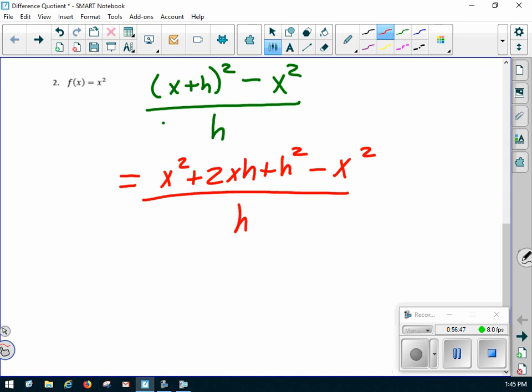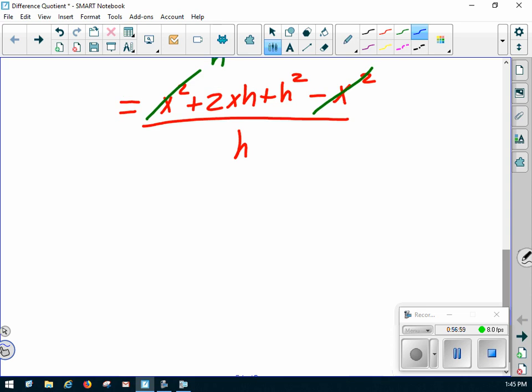X plus h times x plus h is x squared plus 2xh plus h squared. Do you have anything that adds up to give you 0? Now let's look at what we've got left. This is 2xh plus h squared over h.